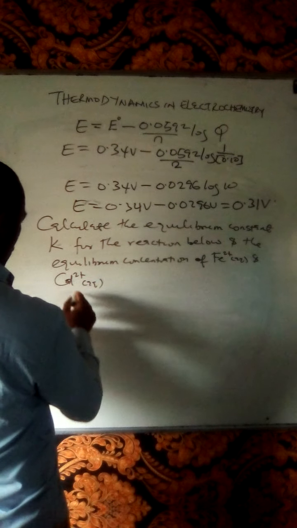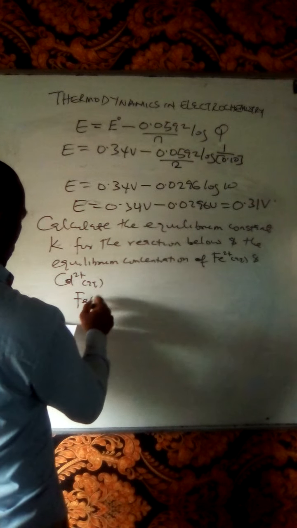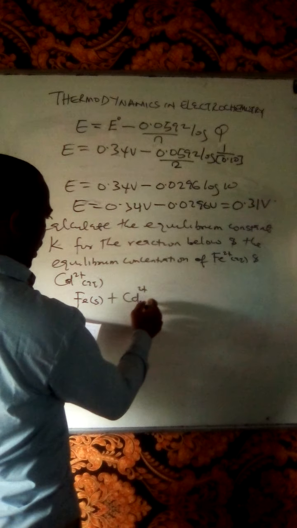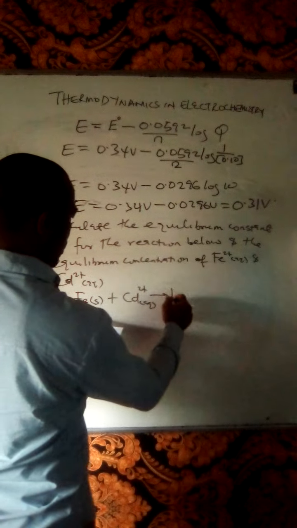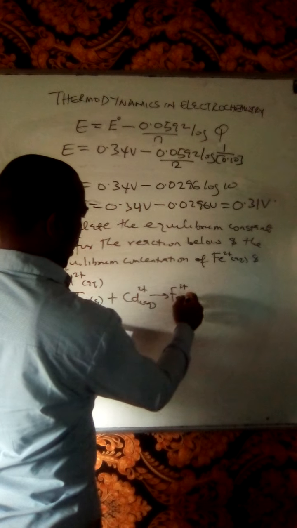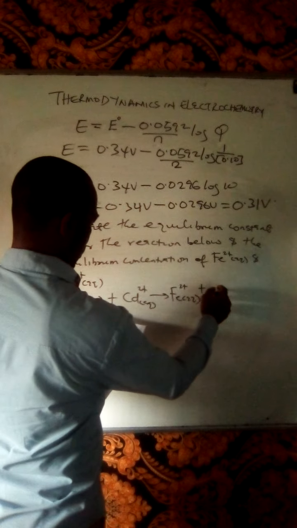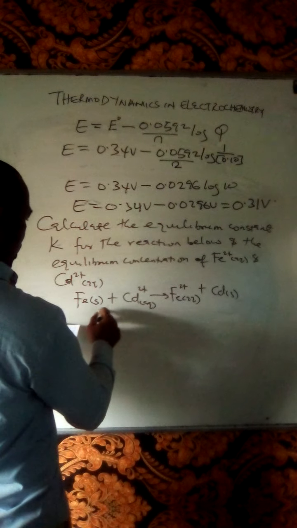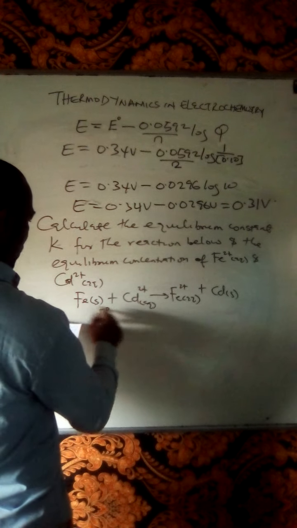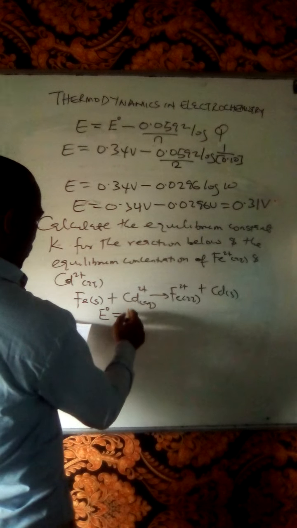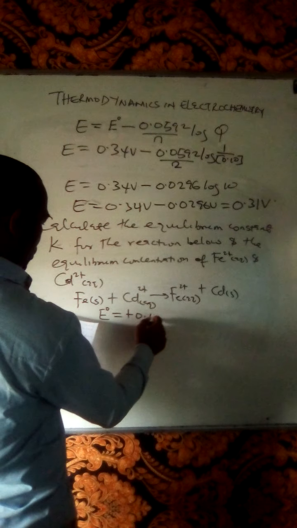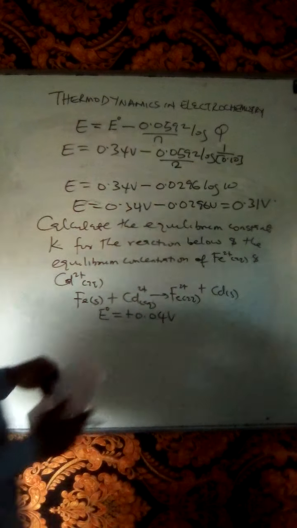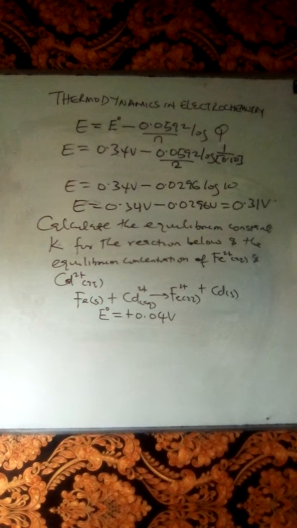You have this equation: Fe solid plus cadmium 2 ion aqueous, giving us iron 2 aqueous plus cadmium solid. We are given the standard cell potential for this reaction as plus 0.04 volts. So let us tackle this problem.